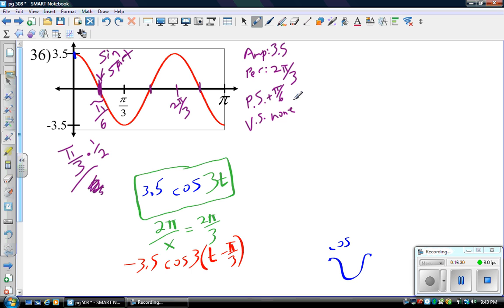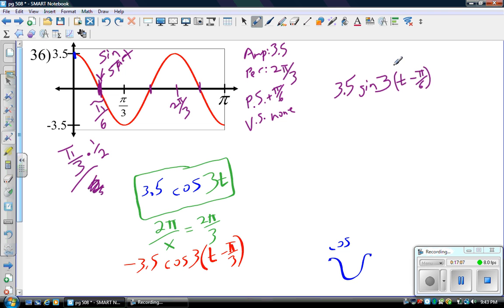So now for a sine machine, I can go 3.5 sine, t minus pi over 6, that's my phase shift. And since it's the same period, I already did the calculation to figure out what number would go in the machine. It was a 3, same number, 3 will go in there. And that makes sense because 2 pi divided by 3, that's your period.